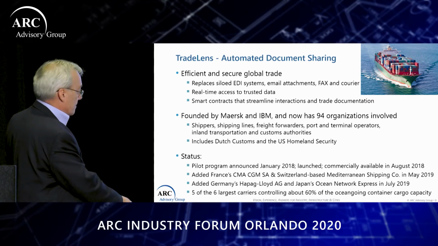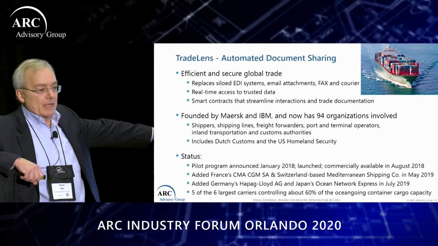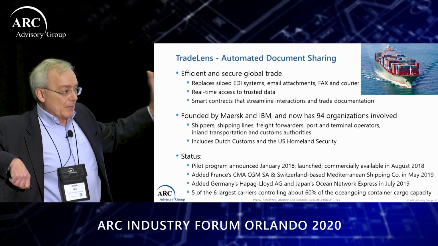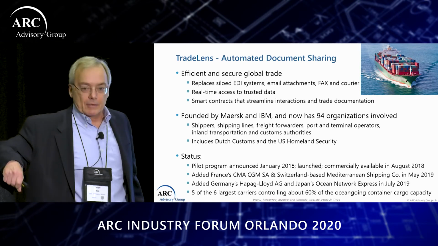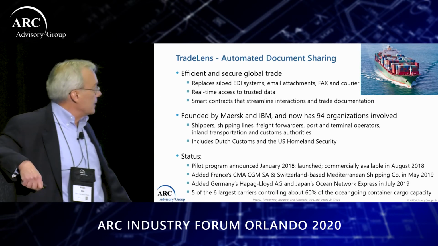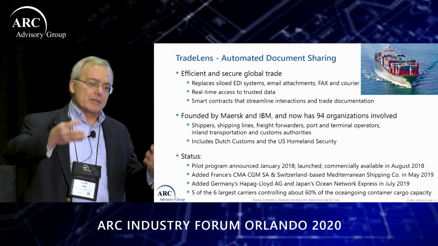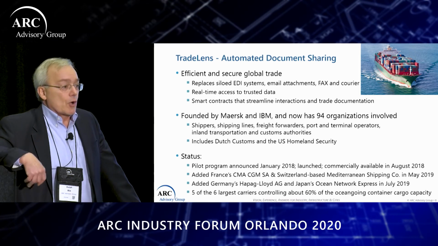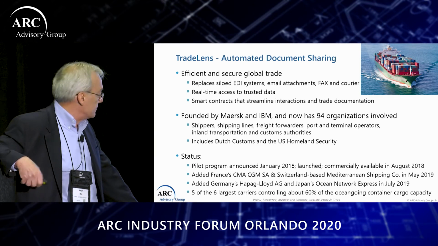In terms of the participants, 5 of the 6 largest carriers, not saying 60% of the ocean-going freight is on blockchain, but people who manage 60% of the freight are part of this consortium and plan to transition to blockchain, right? 94 organizations involved, so you can see where this has definitely obtained critical mass, and as it grows the proportion of its business that's on blockchain, it'll obviously cross the chasm.